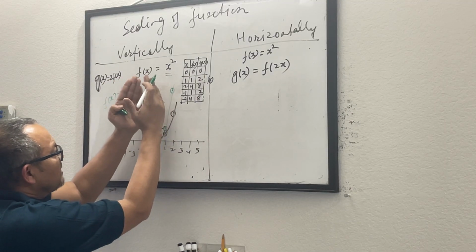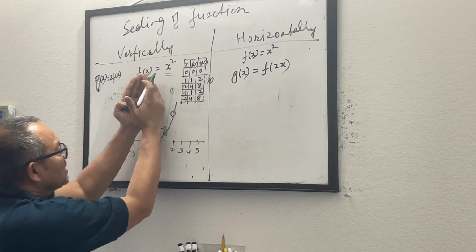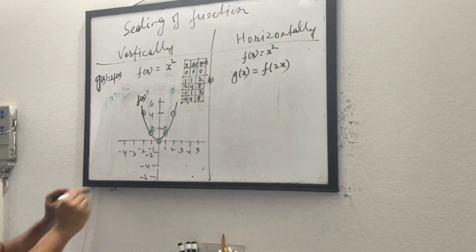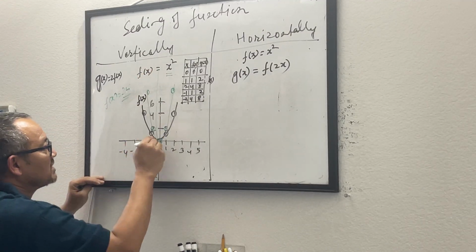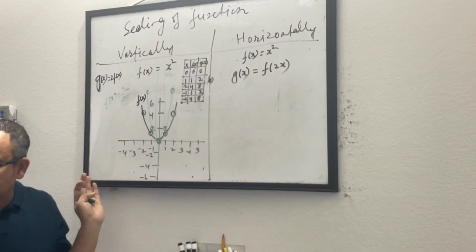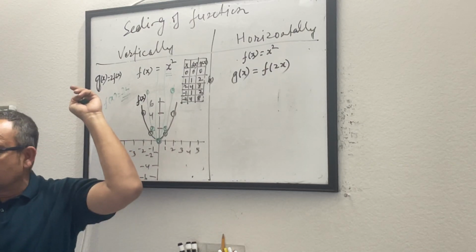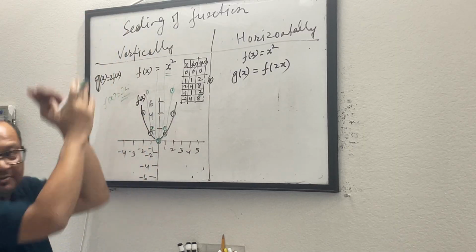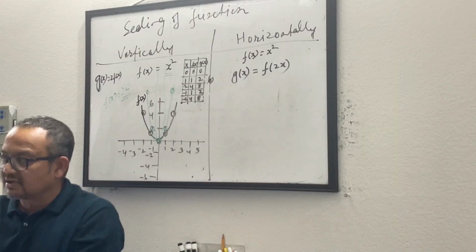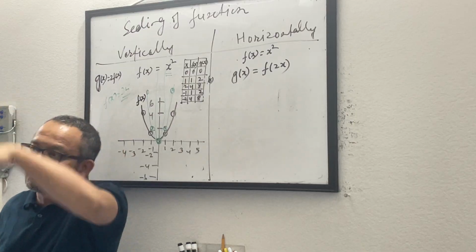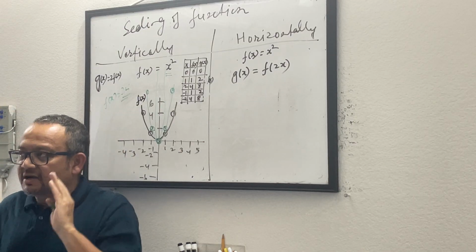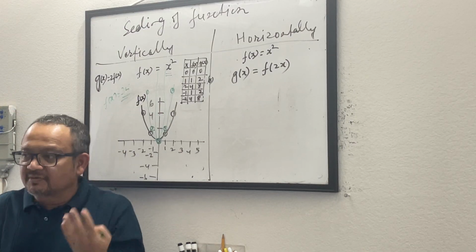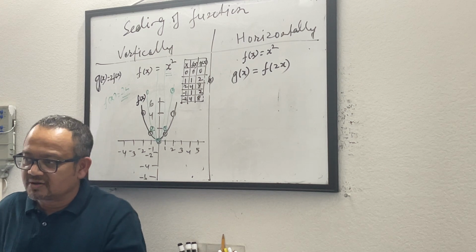You will see it becoming much closer here actually. So it will start becoming more steep, more compressed. So the higher the number you multiply with, the steeper it becomes, the slope becomes much higher, much faster. The rise over run becomes a much higher number.